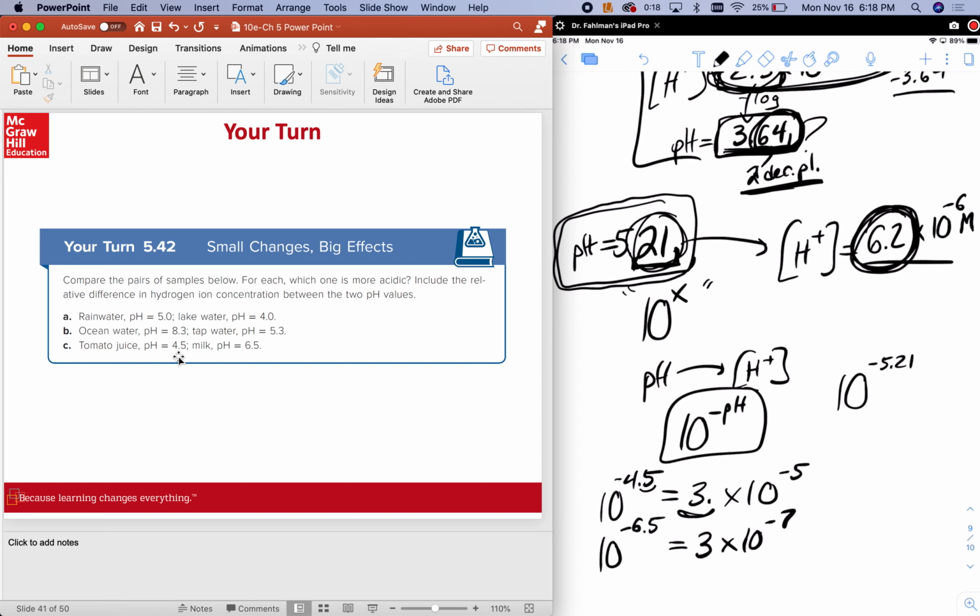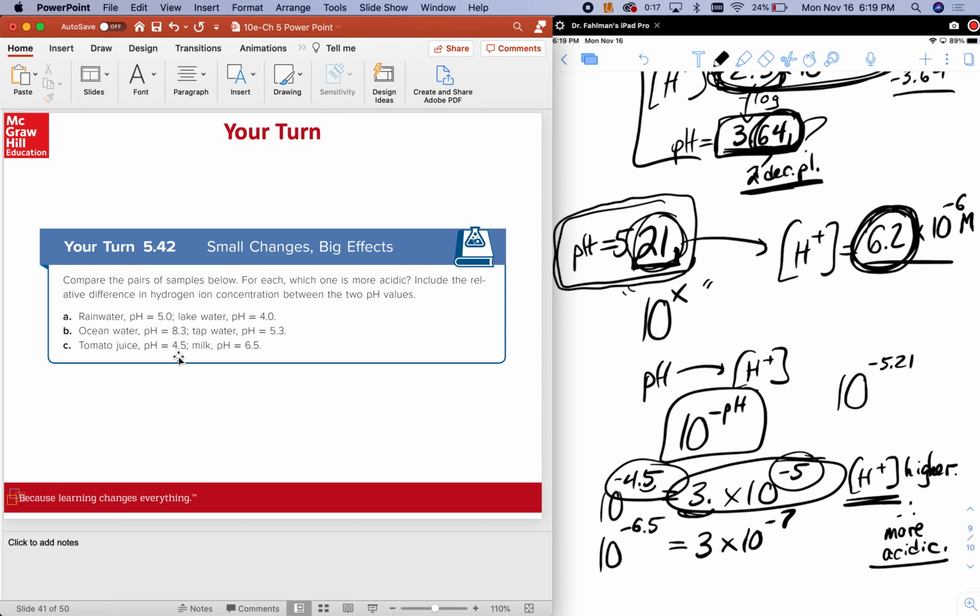Okay, so notice that this has a higher proton concentration by 2 orders of magnitude. Okay, so this is higher, and so therefore it is more acidic. Okay, and again we could tell that because that had the lower number, so 4.5 is smaller, so that means it's more acidic. Okay.